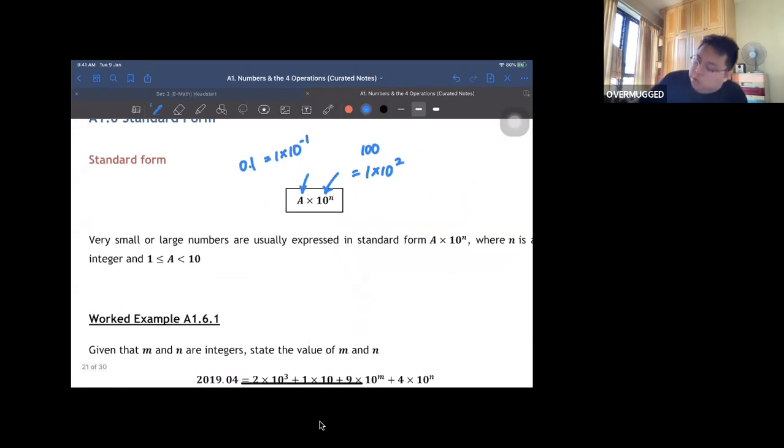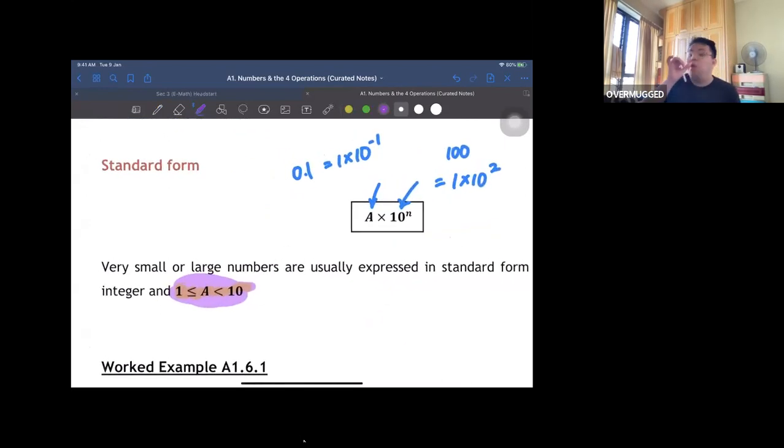Now, this is where a very important condition comes in, which is this line here. I'll highlight it in purple. I hope everyone can see. This is something that many students will make mistakes on and will 100% forget in exams. The condition is that the value of A must be between 1 and 10. This is a standard notation everywhere in the world, and everyone follows this.